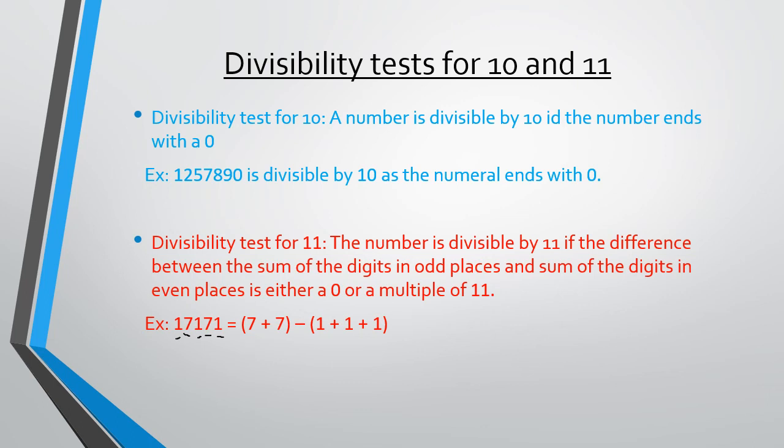Now I have to find the difference, that is, I have to subtract. Then I get 14 minus 3, which is equal to 11, and 11 is clearly a multiple of 11 itself. So 17,171 is divisible by 11.